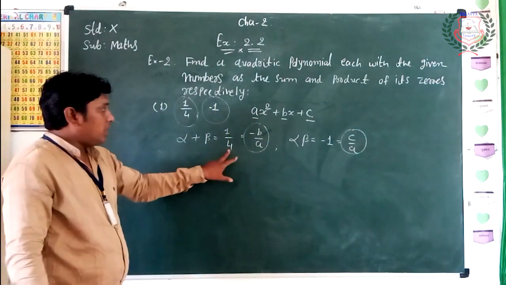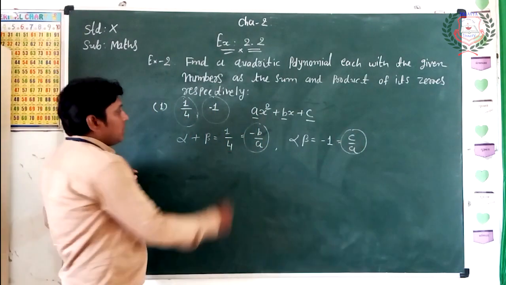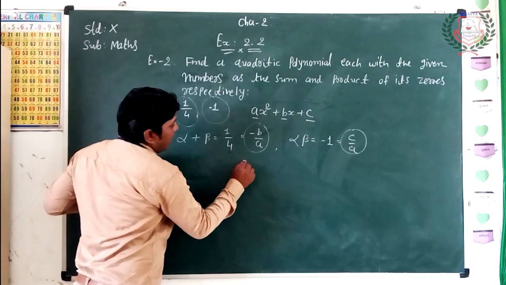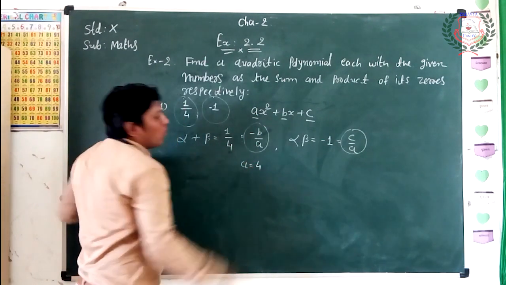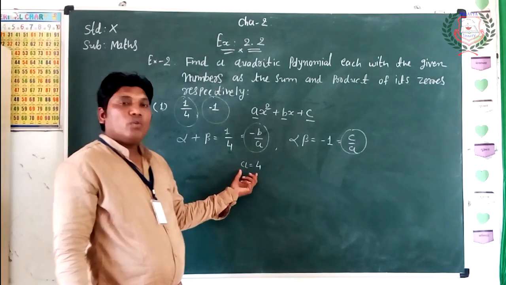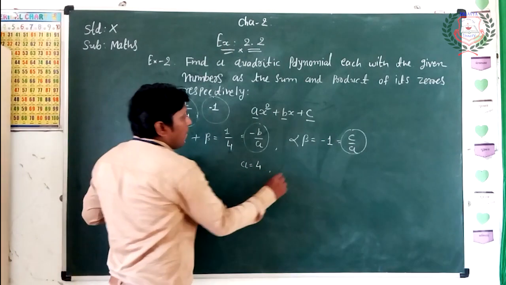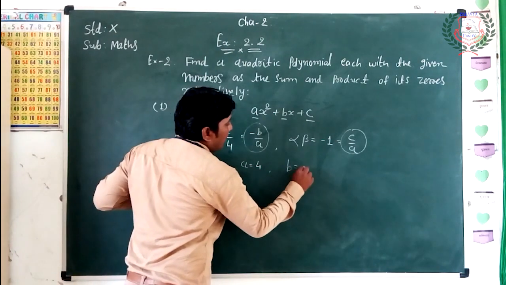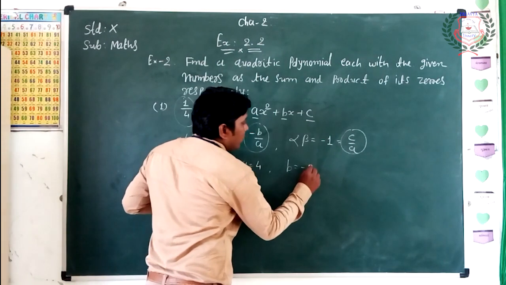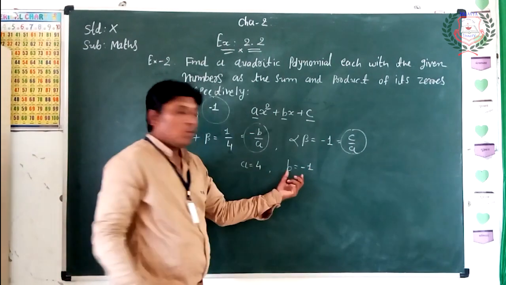So when we compare the equation, we get a is equal to 4. B is equal to minus 1. How?